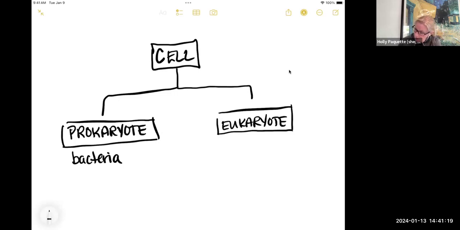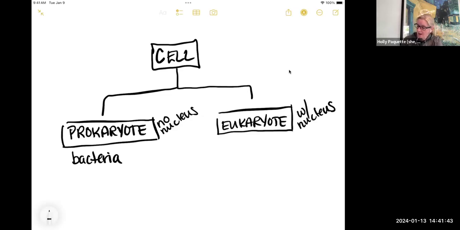So I'm going to put here no nucleus. And over here, I will put with nucleus. In addition, the eukaryotic cells tend to be bigger and more complex. Prokaryotic cells, generally speaking, the organisms are unicellular, only made up of one cell, and they're a little bit more simplified.